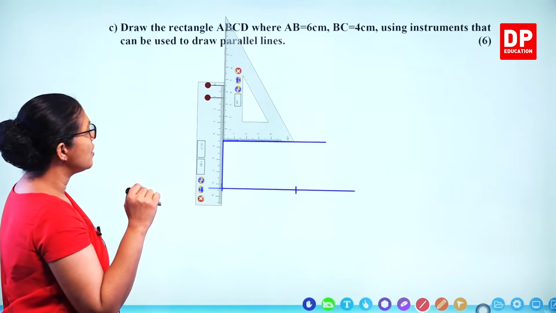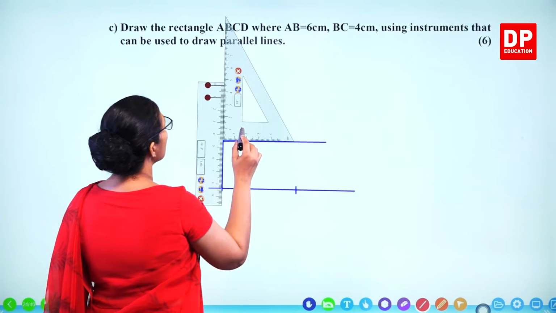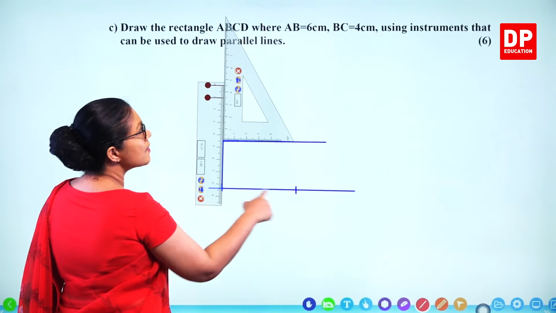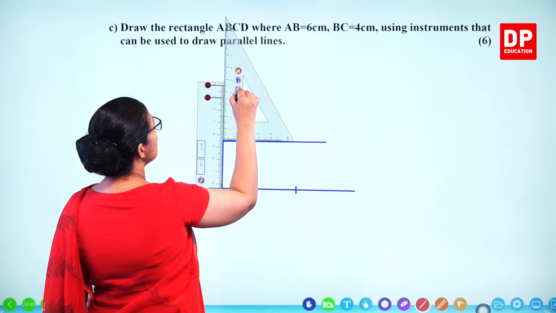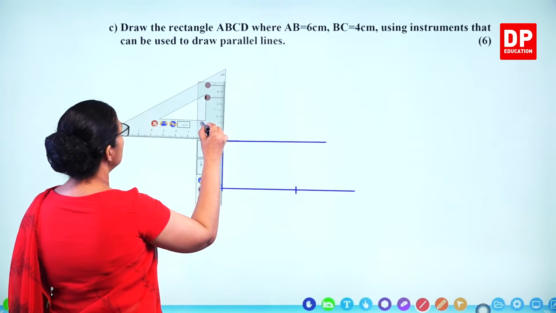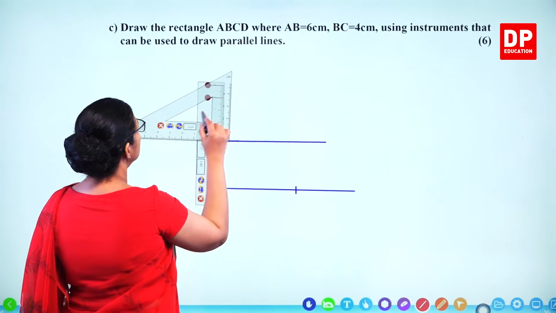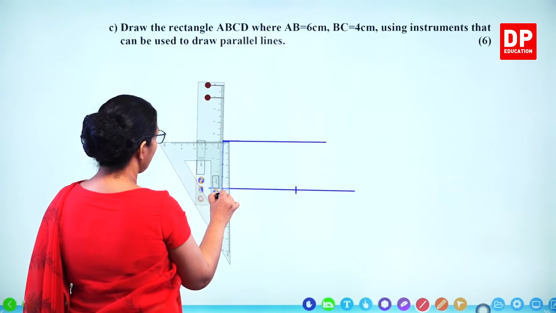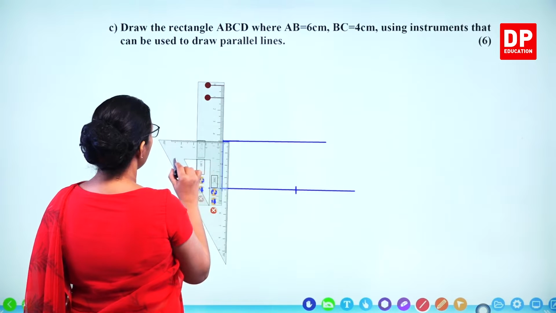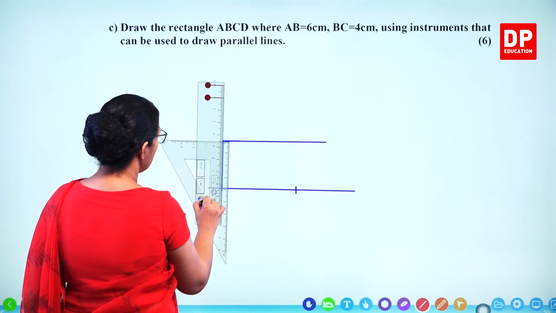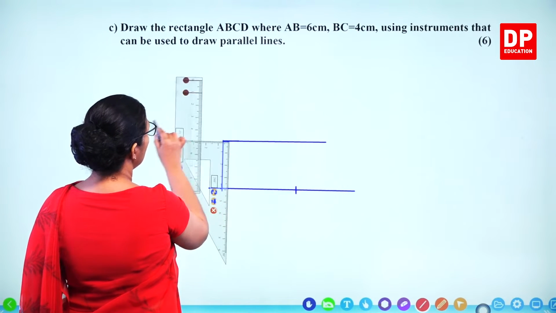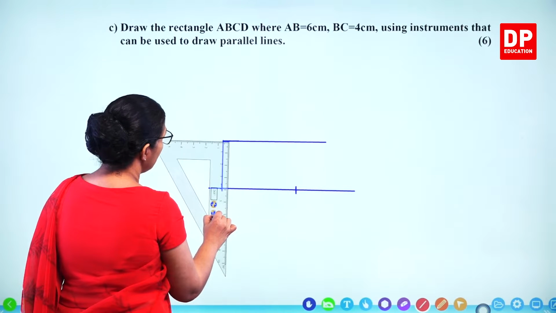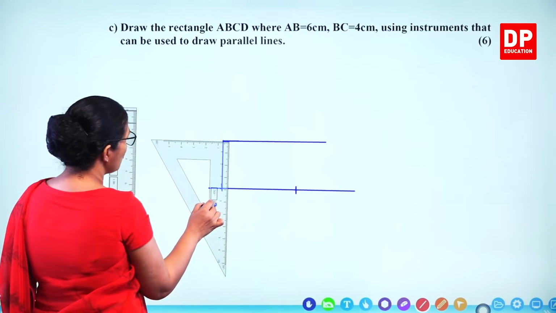Then you can measure again 6 centimeters, but here this side is not enough, so we'll measure other way around. Or you can use the ruler. Which one is easy?